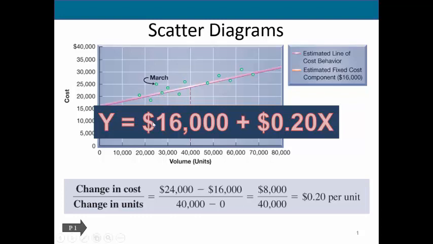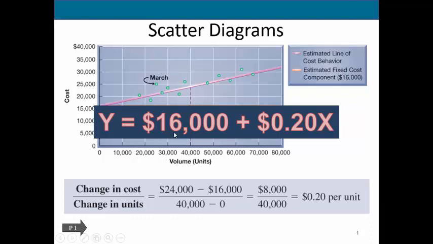So we have y equals mx plus b. So we've changed it here. B represents our fixed costs. So we're just showing our fixed costs we're told are $16,000. So y, or total costs, equals $16,000 plus the mx portion. M is going to be our variable cost per unit. X is going to be the quantity.